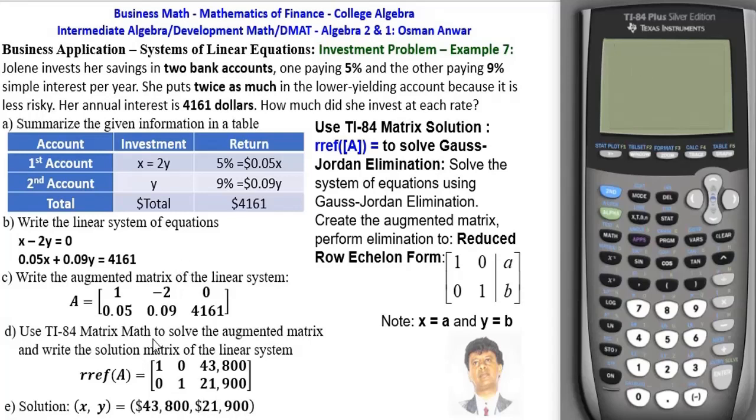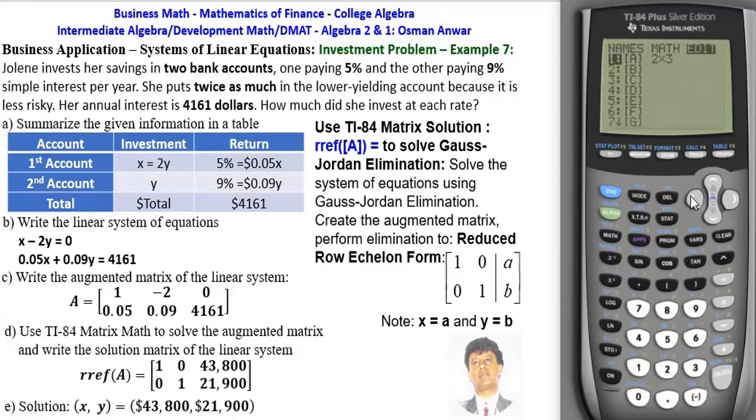And indeed 43,800 is twice 21,900, which is the first account is twice the second account. If we multiply the 43,800 by 0.05 and multiply 21,900 by 0.09 and you add them, you will end up with 4,161.